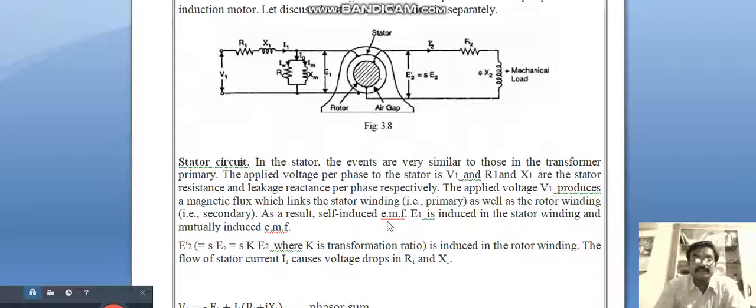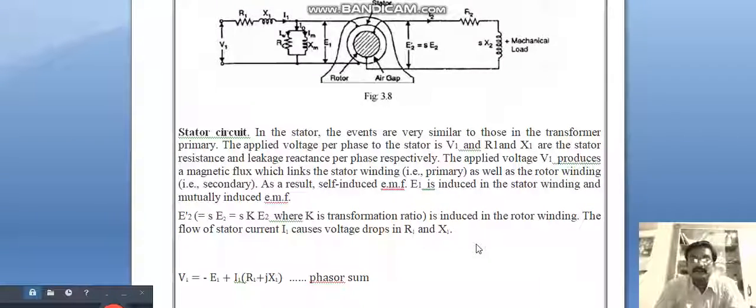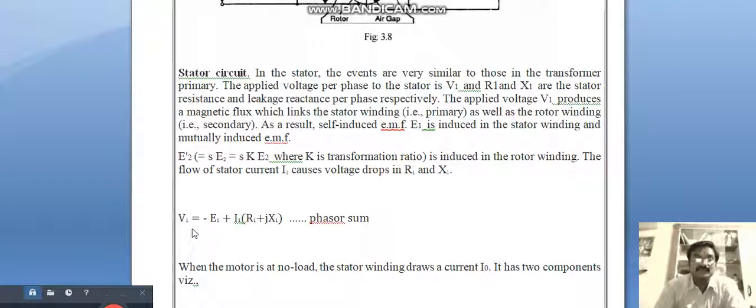As a result, a self-induced EMF E1 is induced in the stator winding and a mutually induced EMF E2 dash, that is S into E2, that is S into K into E1, where K is the transformation ratio, is induced in the rotor winding. The flow of the stator current I1 causes a voltage drop in R1 and X1. So V1 is equal to minus E1 plus I1 multiplied by R1 plus jX1.